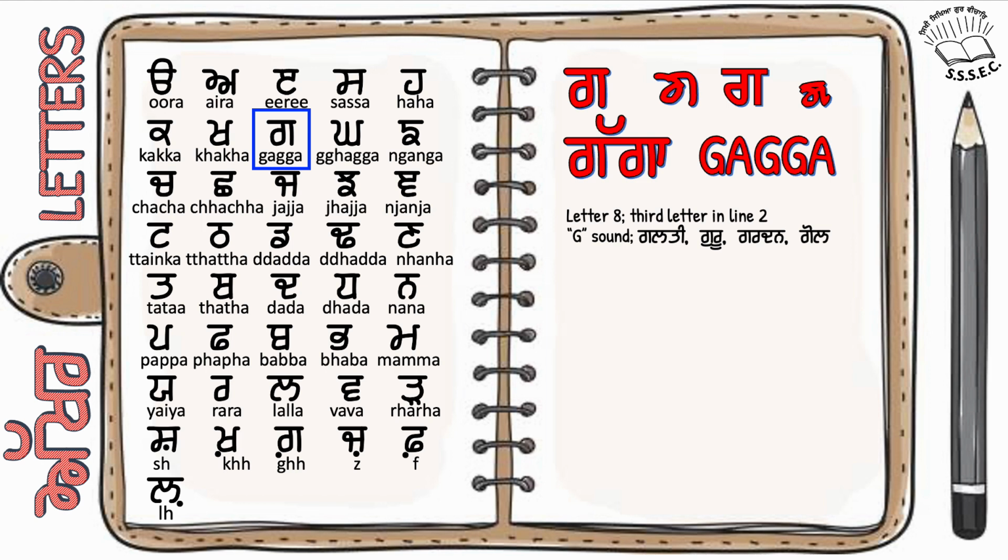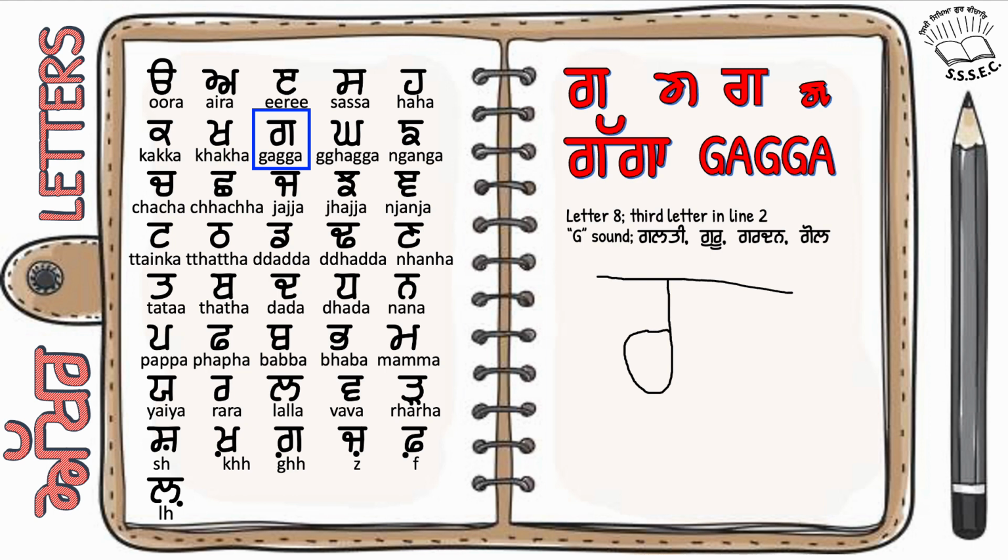So the third letter in line number 2, which makes it letter number 8, is gaga. Gaga is perhaps related to the letter G in English. How do you write it? So it starts up very similar to how you'd write haha, so that's haha there, but you close that gap.